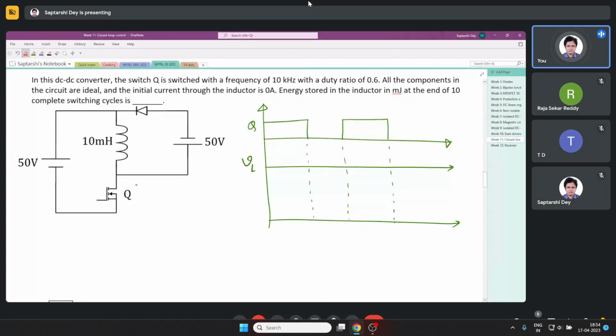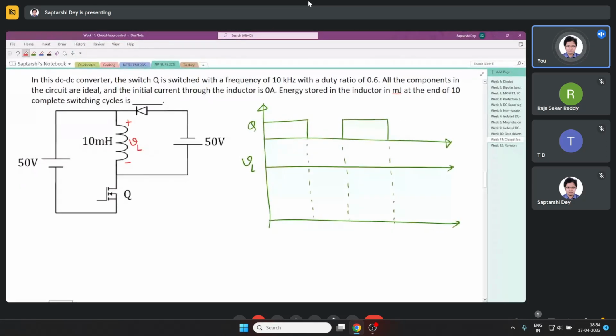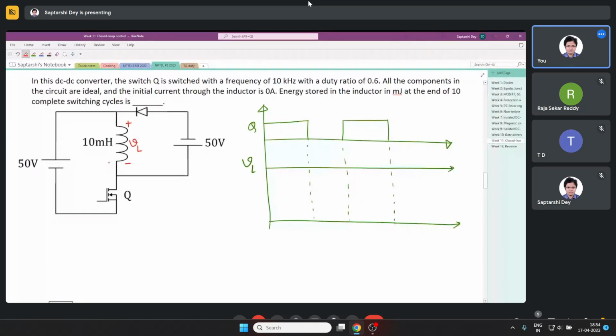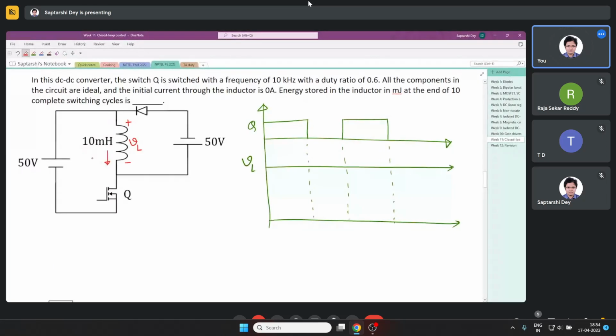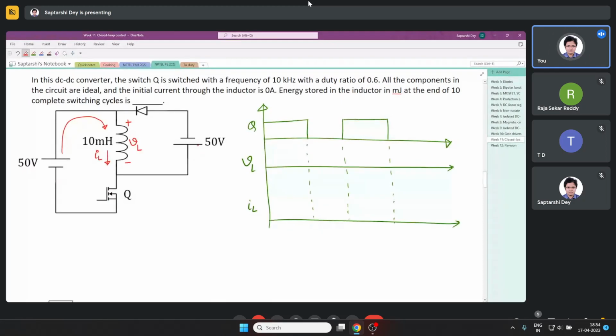So all the components are ideal here. When you are turning on this switch, when you are closing this switch, again we will take some positive direction of voltage and some positive direction of current IL. Now when Q is closed, the current path is this, the source is supplying the inductor, so the voltage is 50 volt.